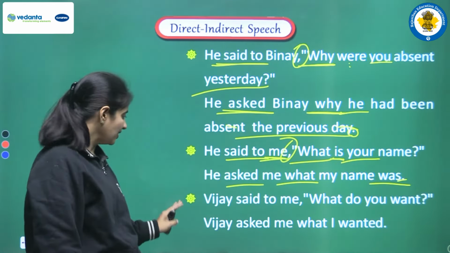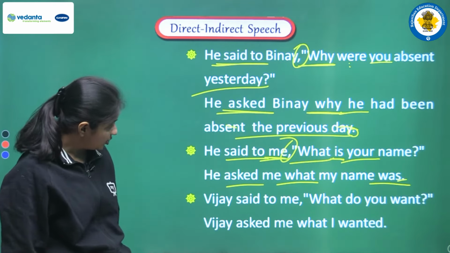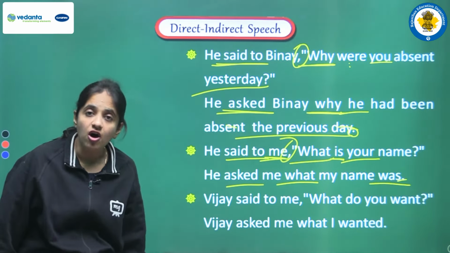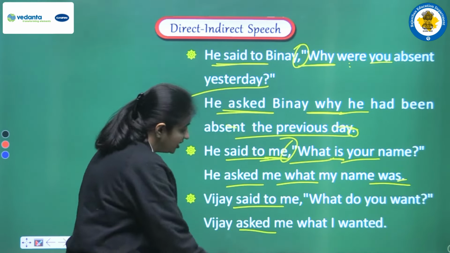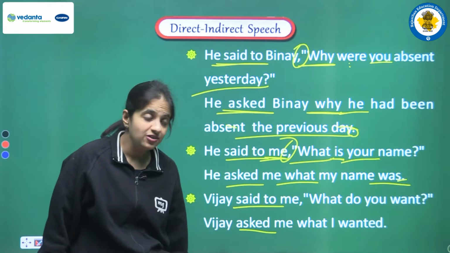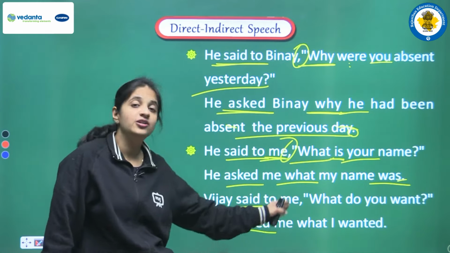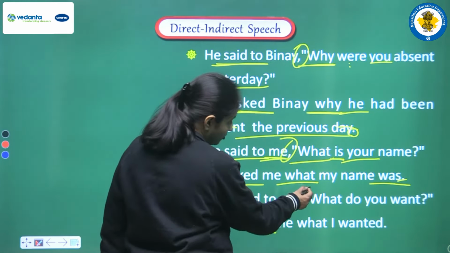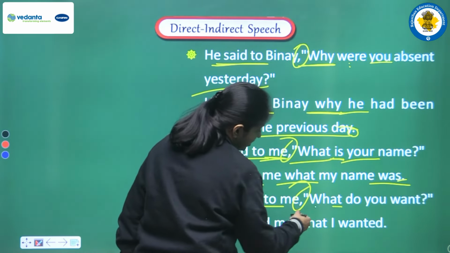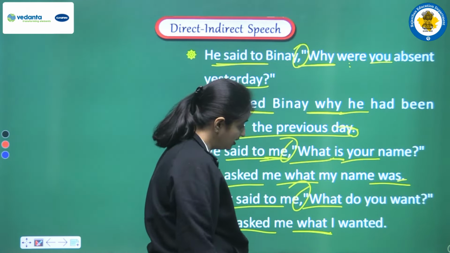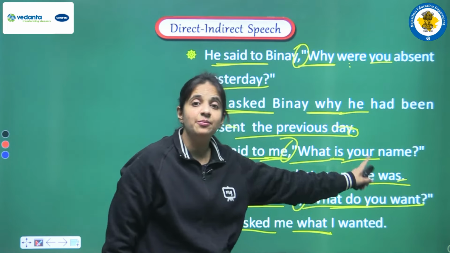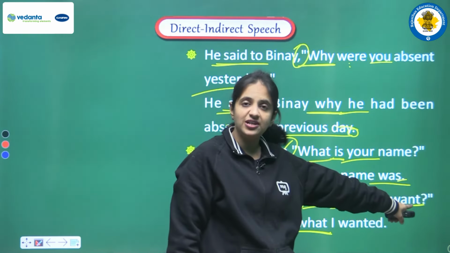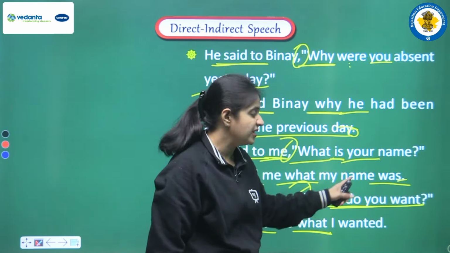Okay. Next, Vijay said to me, what do you want? Again we have an interrogative sentence. "Said to" will be changed into "asked". We write "Vijay asked me". Next, we remove the comma and add the same WH word here, "what". Now let's see, we have present simple tense here, because do plus first form is known as present simple.